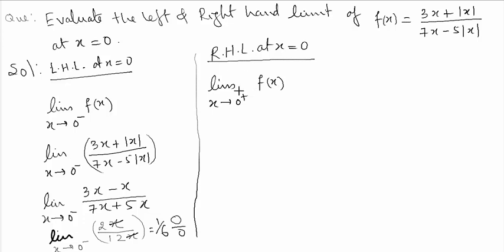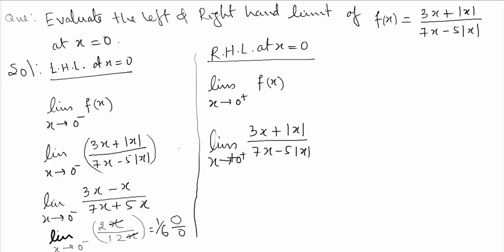You need to remember this, and the rest, the function will tell you how to proceed. This symbolic meaning will tell you how to proceed. So limit x tending to 0 plus f(x) will be replaced by this, 3x plus mod x upon 7x minus 5 mod x.